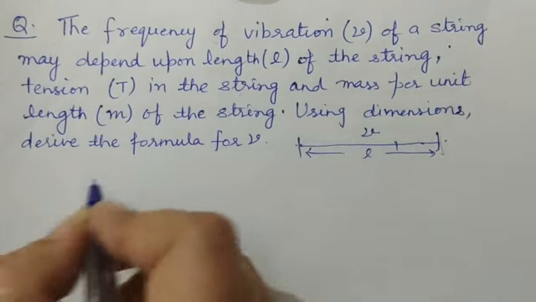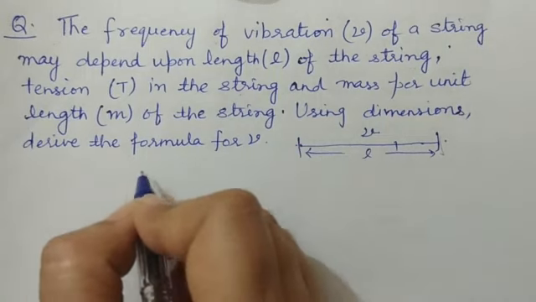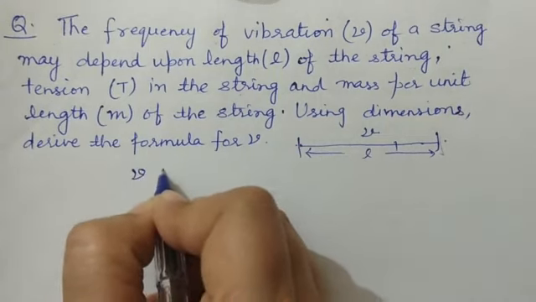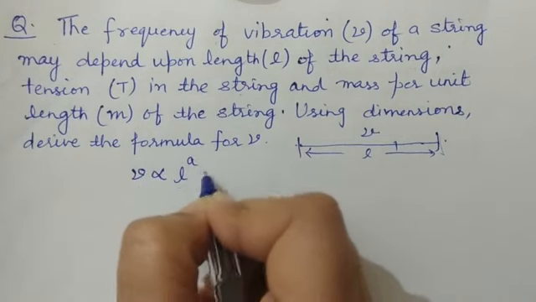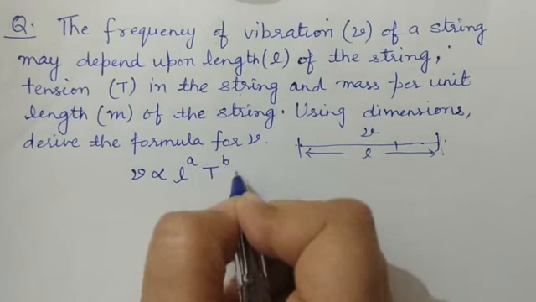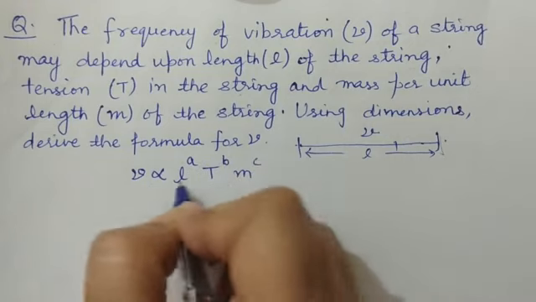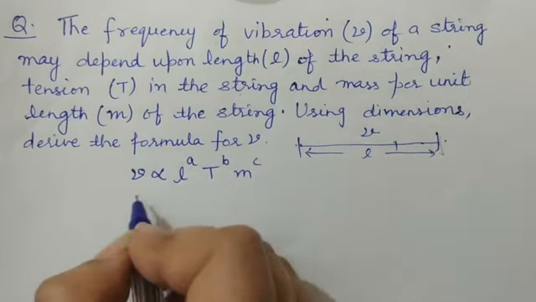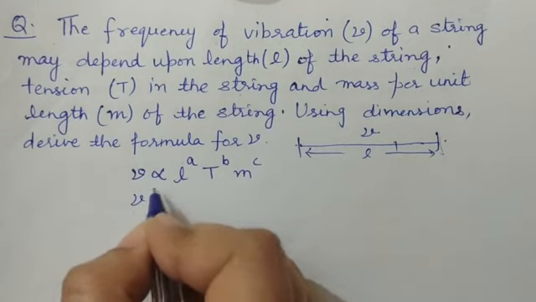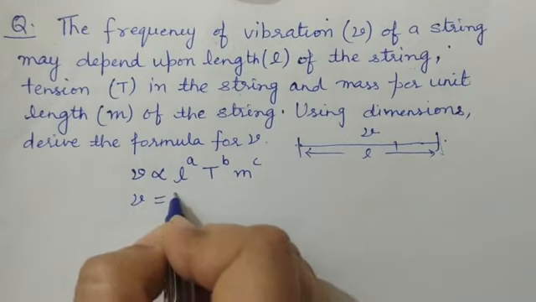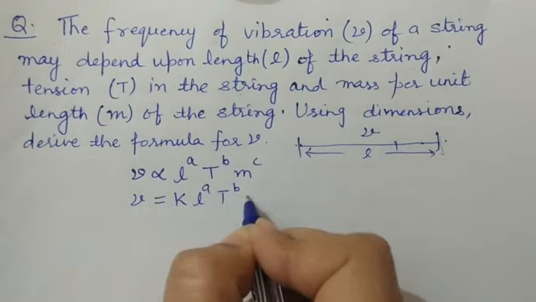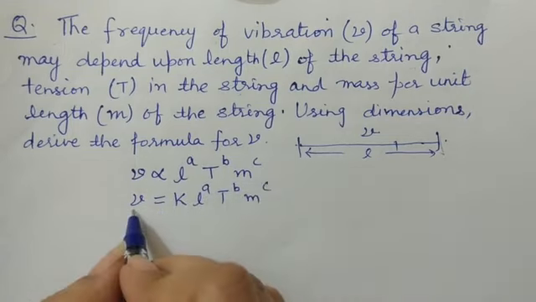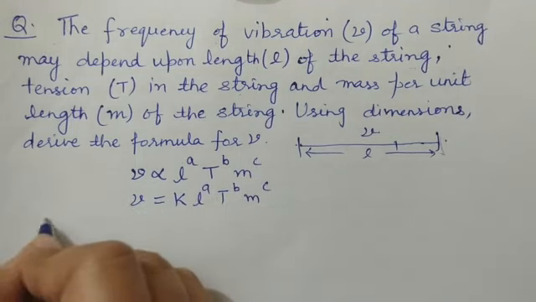So how do we derive the formula for frequency? Nu is proportional to L^a, T^b, m^c. It depends upon these three quantities. We'll remove this proportionality sign and put a constant k. Now I'll put dimensions on both sides.